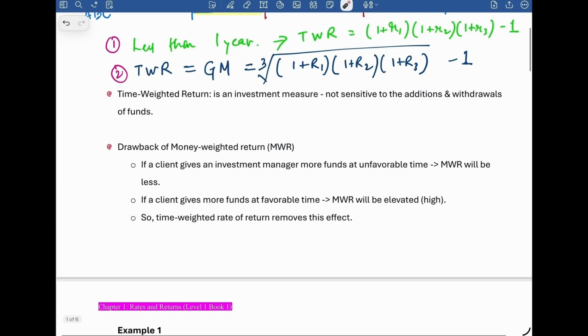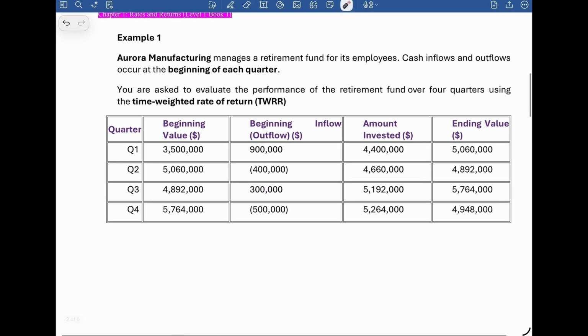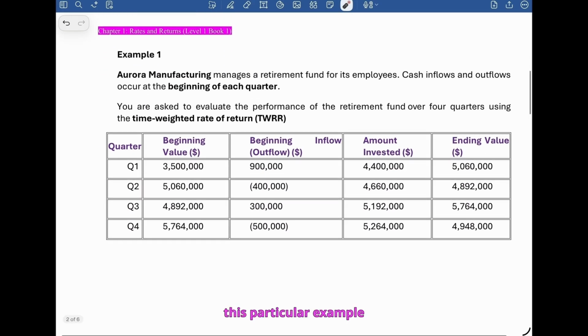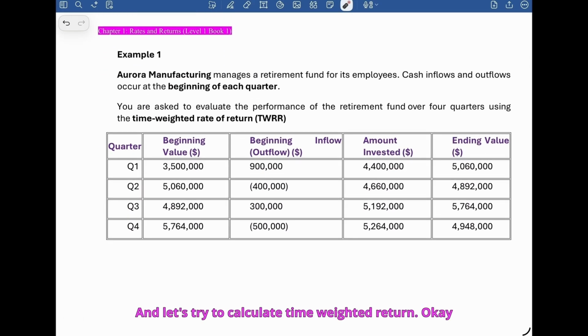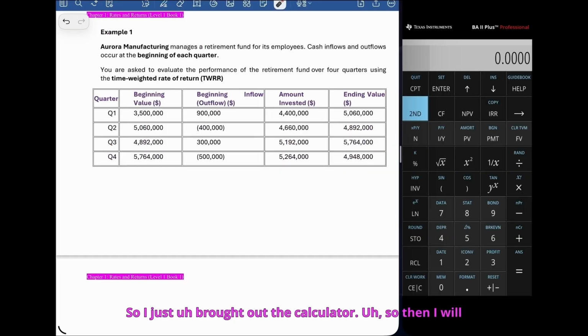Okay. So now let's see this particular example and let's try to calculate time weighted return. I just brought up the calculator so that I will show you the calculations live in here. So let's just read the question. There is this Aurora Manufacturing.